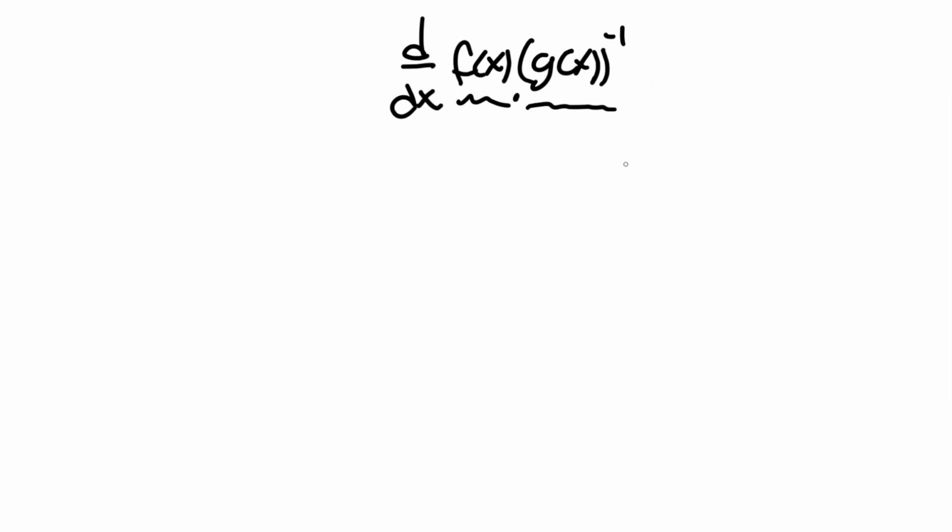So the product rule says we take the derivative of the first times the second plus the derivative of the second times the first. Now, I think he has a great video, and I will link it in the description, about the origin of the product rule.